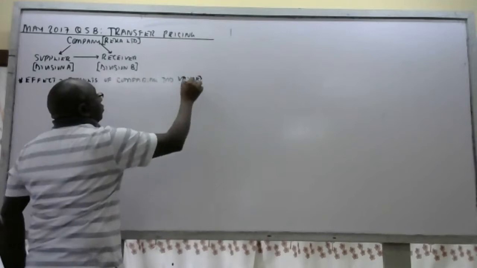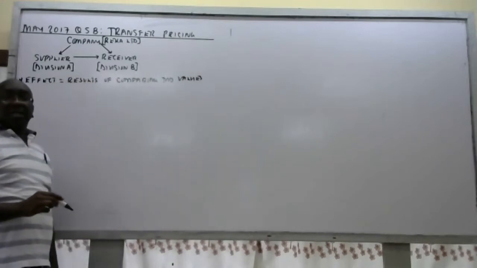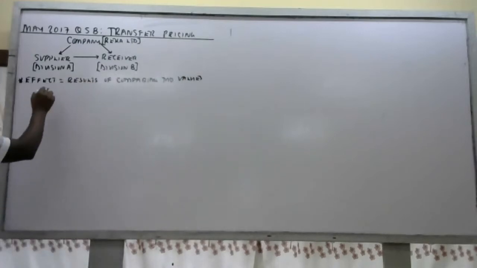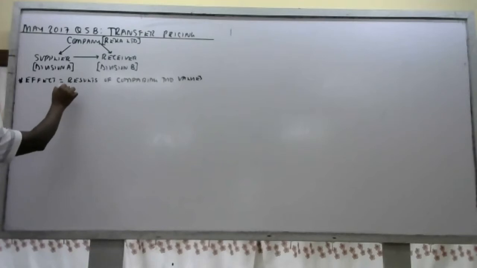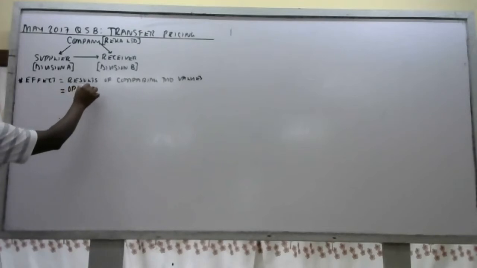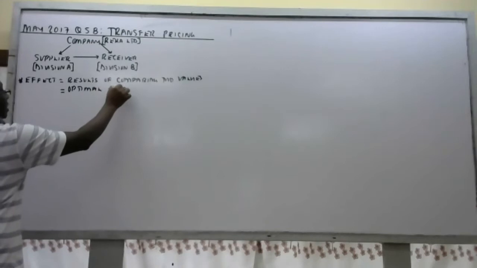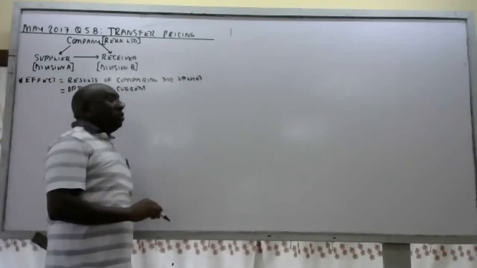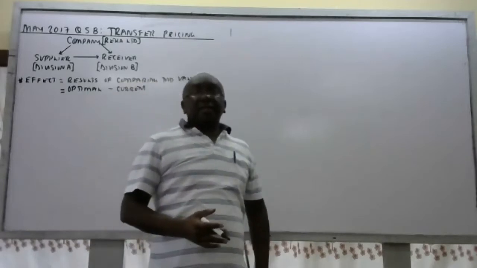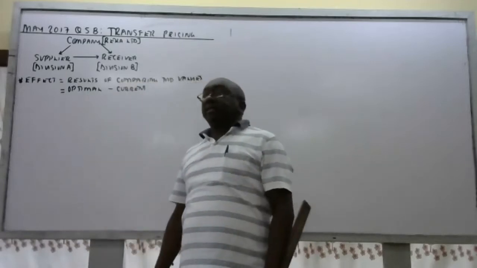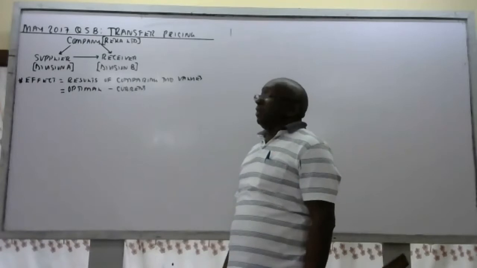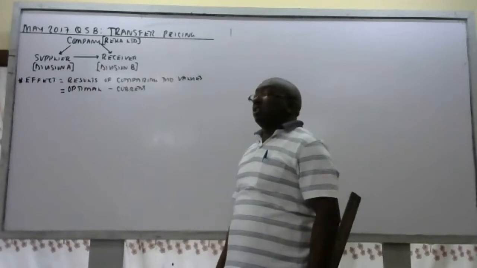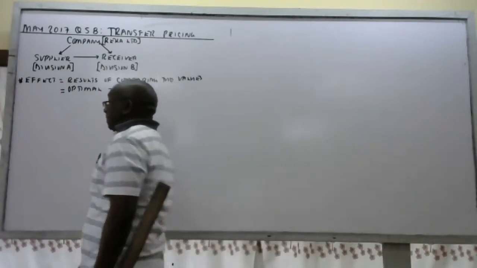And which are these two values? The values are optimal minus the current. So we need to know what is the optimal transfer price and what is the current price, and obviously the profits that result, so that we see what is the effect.